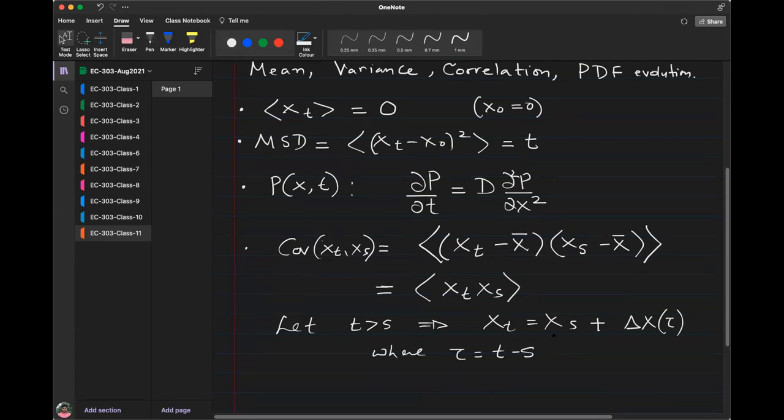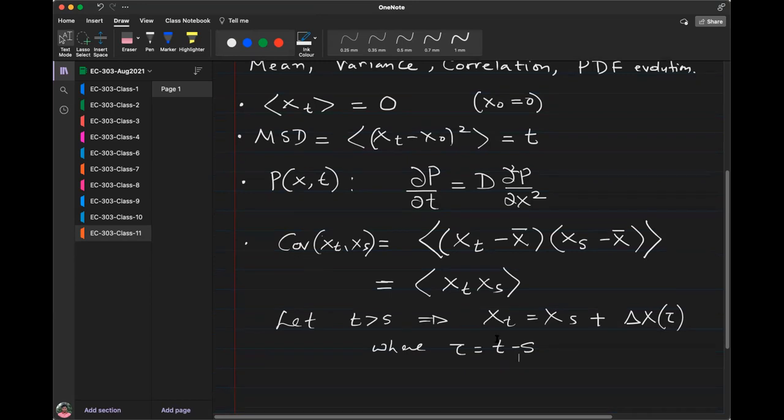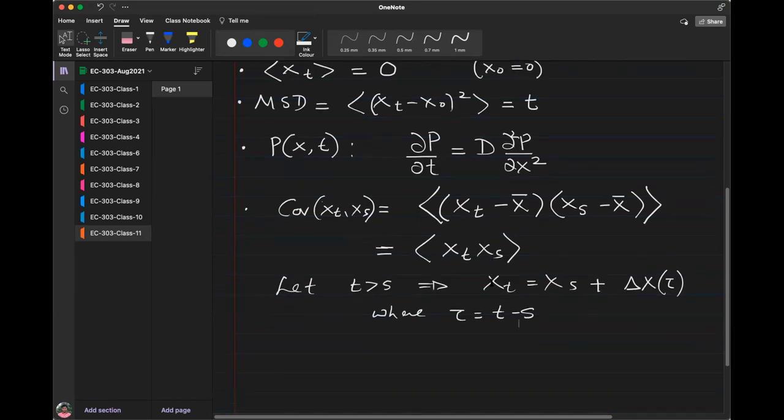Is that fine? So the animal was at location xs at time s, and then it has moved delta x in this additional time interval tau, and tau is basically nothing but t minus s. Okay, so now let us substitute this expression in the covariance.